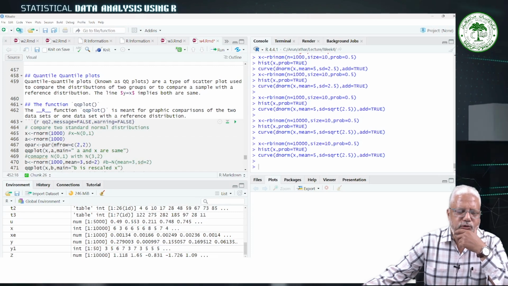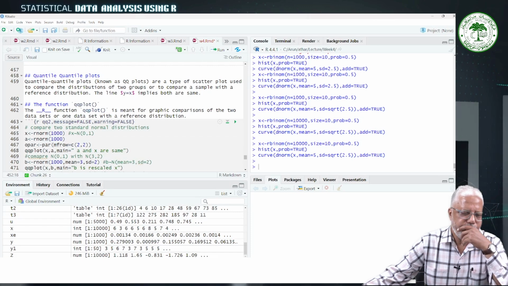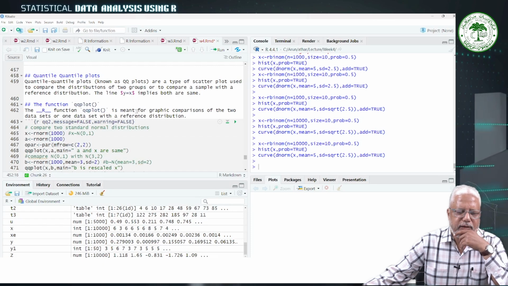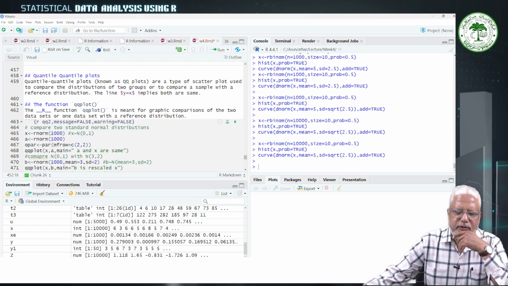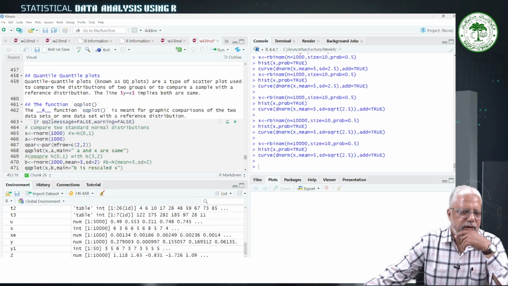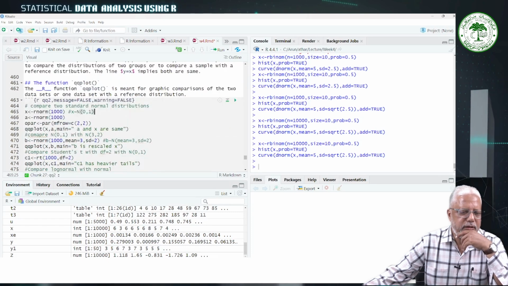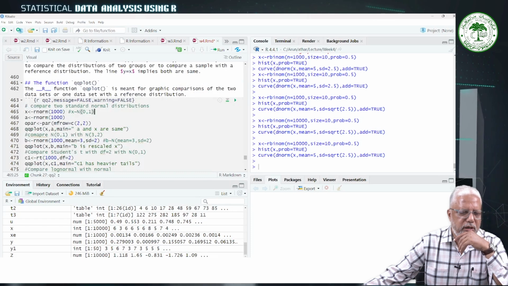The line y is equal to x implies both are the same. So here the R function qqplot is meant for graphic comparison of the two data sets or one data set with the reference distribution.